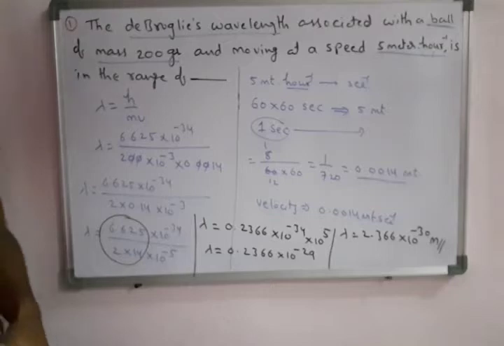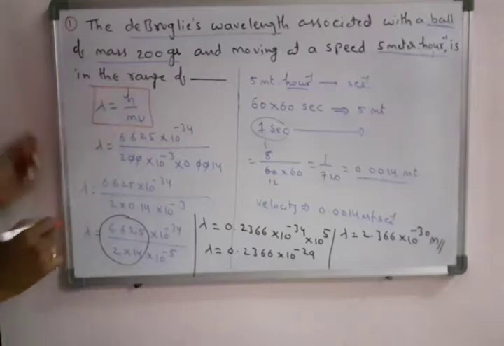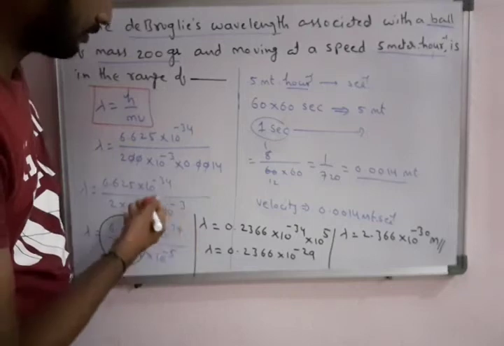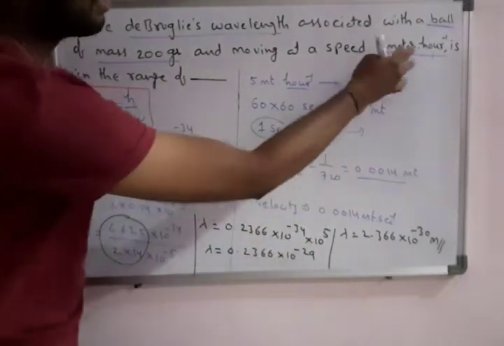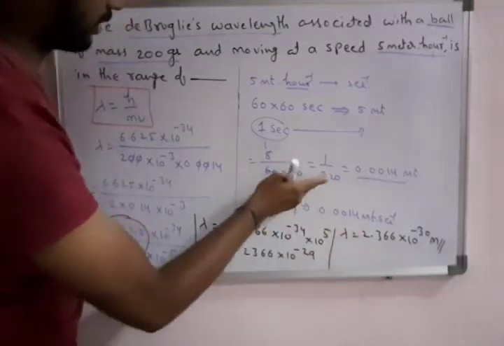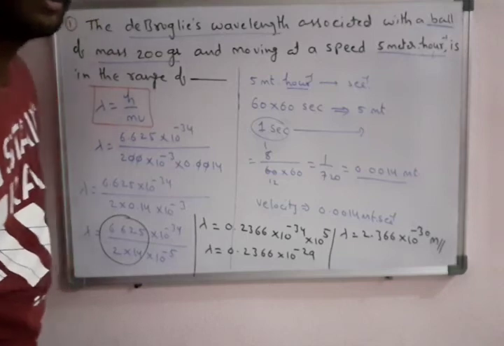So just using the direct formula, lambda is equal to h by mv, there is nothing difficult. The only difference is that the speed, which we take as the velocity, is given as 5 meters per hour. We just modified it into per second, then substitute in this equation, and directly we will get the answer. Okay.